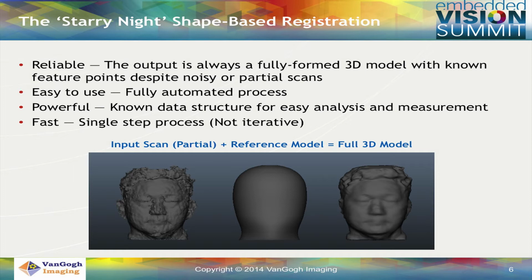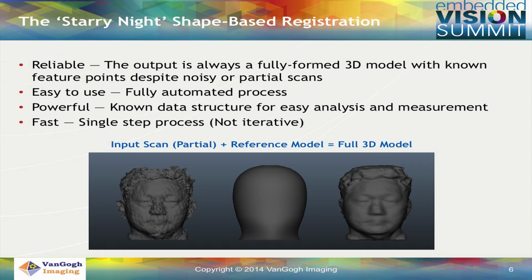So we came up with this technique called shape-based, where you start with a reference model, the middle image. It kind of looks like your head, let's say, but it doesn't have to be your head. Then you take the input scan and deform the reference model into a fully formed 3D model.